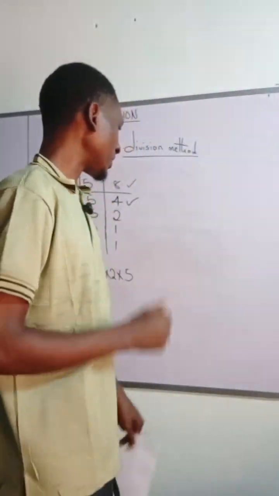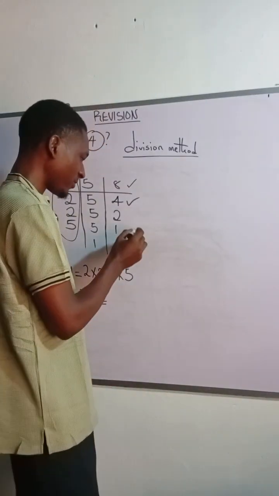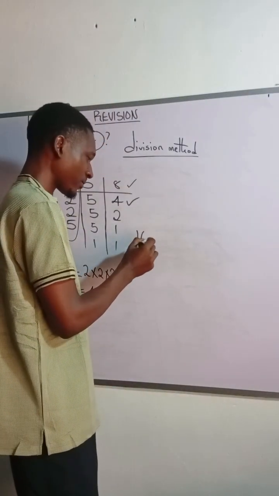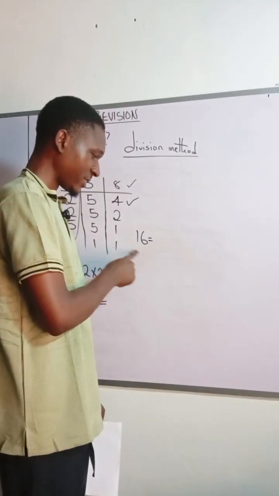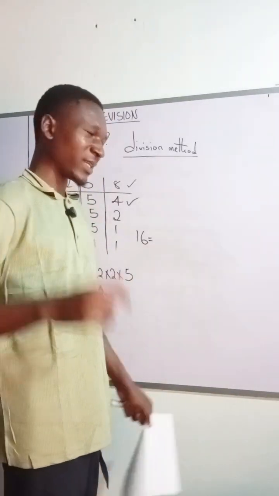For example, what are the factors of 16? The factors of 16 are the numbers that can divide 16 without leaving a remainder.